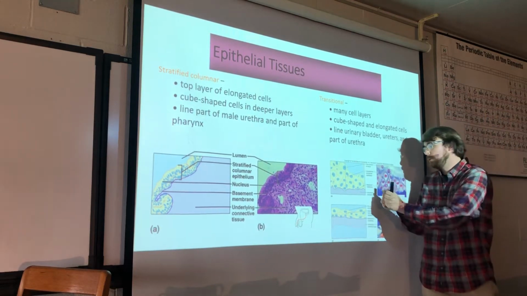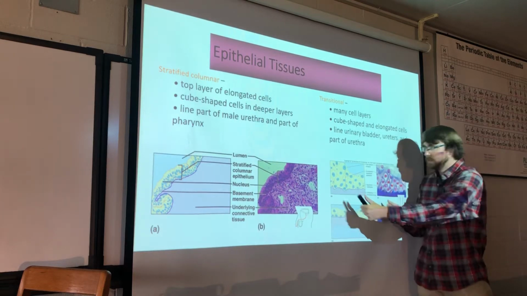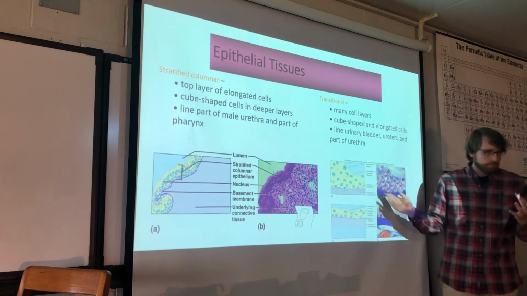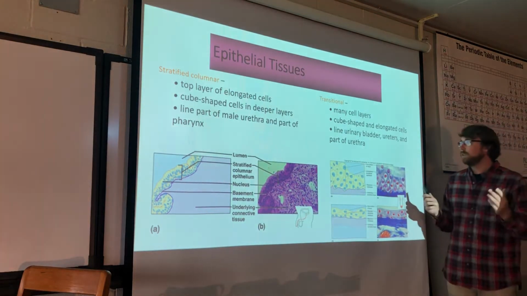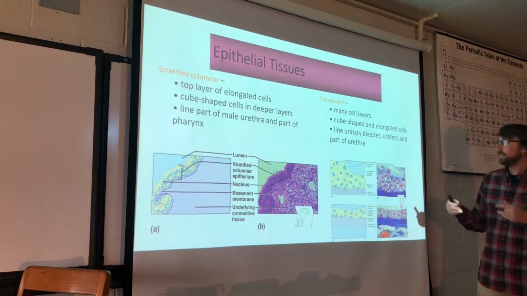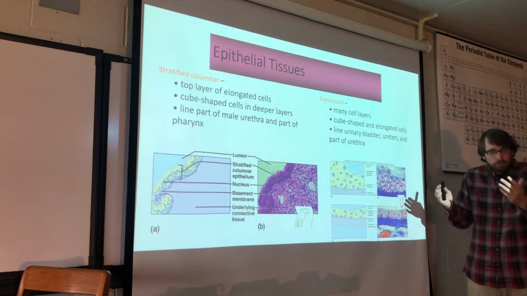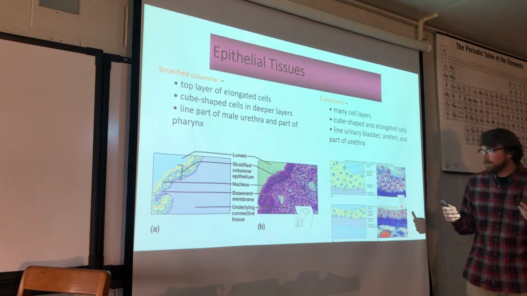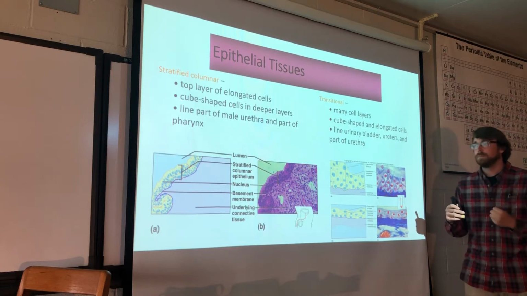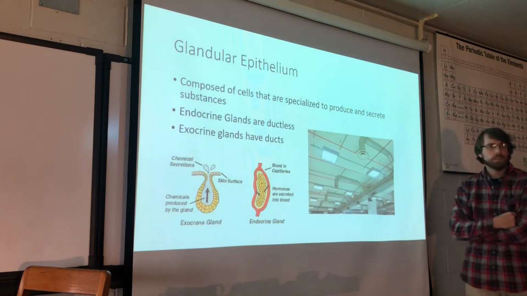They need to be able to get stretched. So their shape is less defined because it depends on the pressures that they are undergoing. They're cube-shaped and elongated cells, and that will vary. They line the urinary bladder, ureters, and parts of the urethra.